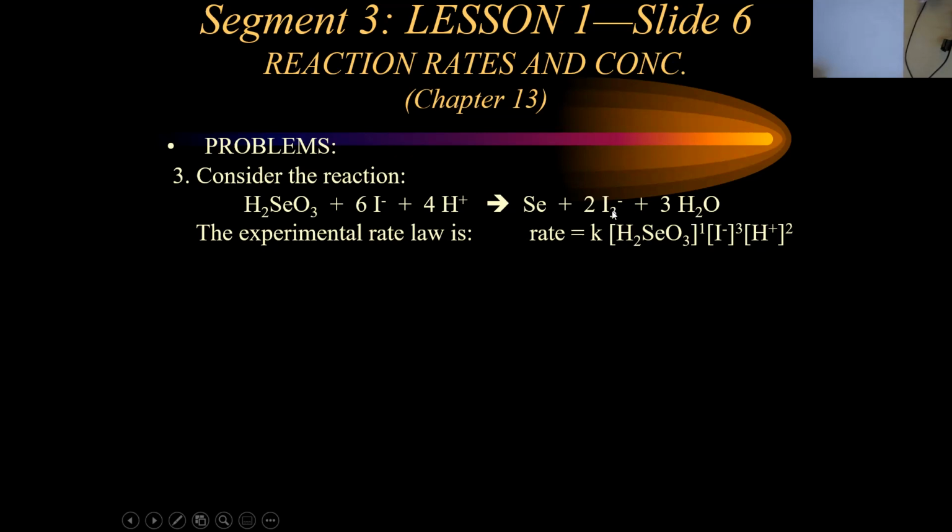If you put some starch in the solution, I3 minus attaches itself to starch molecules and forms a deep purple color. So the reaction will be water clear, and then at a moment, it'll flick and turn purple. I've used that as a demonstration sometimes, sort of like turning water into wine.